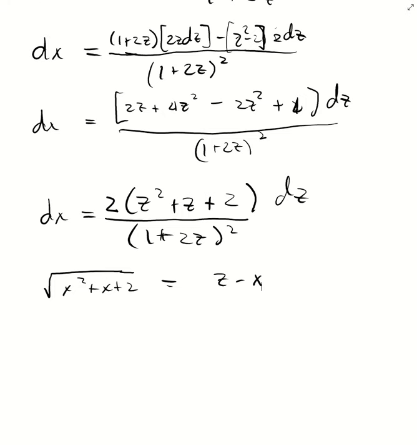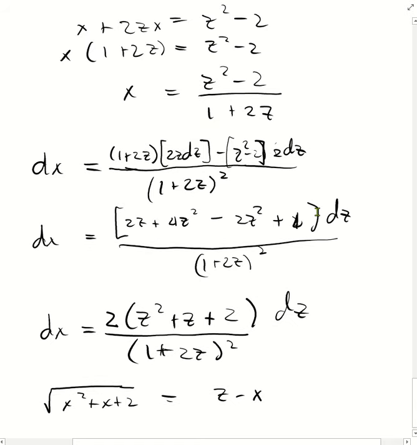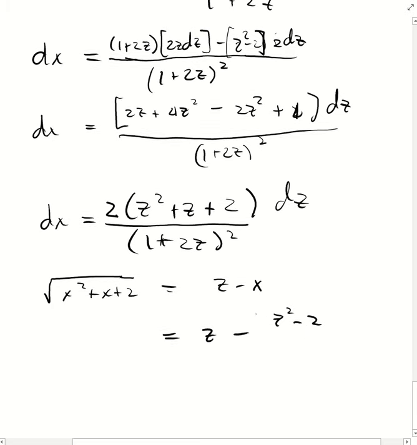But we have x here, so we need to substitute the x that we already solved: z squared minus 2 over 1 plus 2z. So z minus z squared minus 2 all over 1 plus 2z.